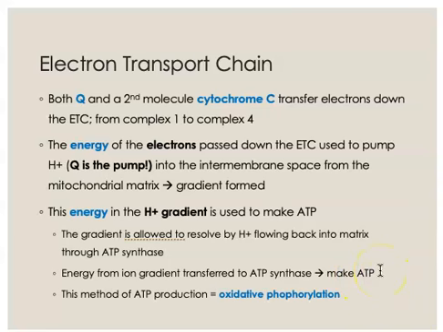And that process, that spinning motion, is what's necessary to build the ATP. Making ATP this way, and by that I mean using the energy in an ion gradient to build ATP using ATP synthase, is what we call oxidative phosphorylation.